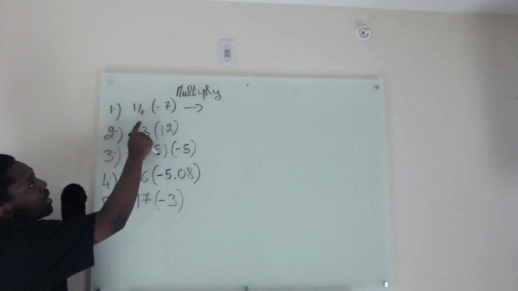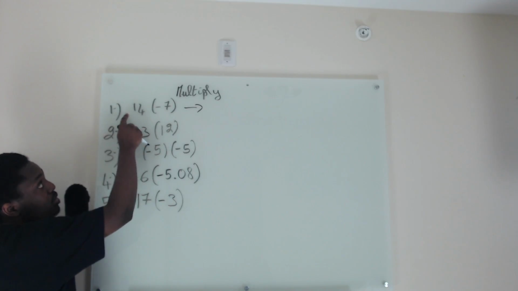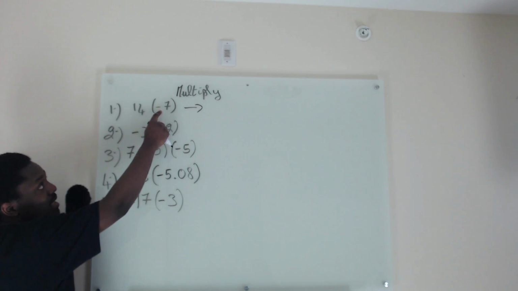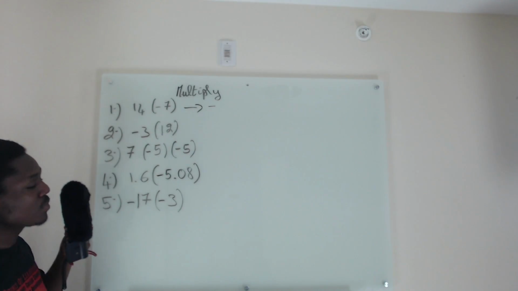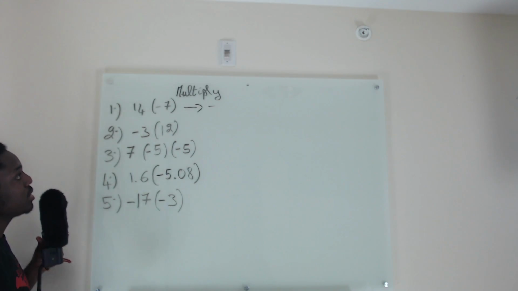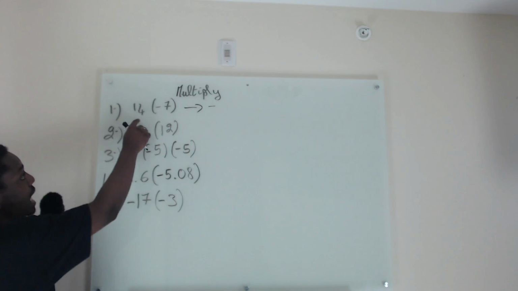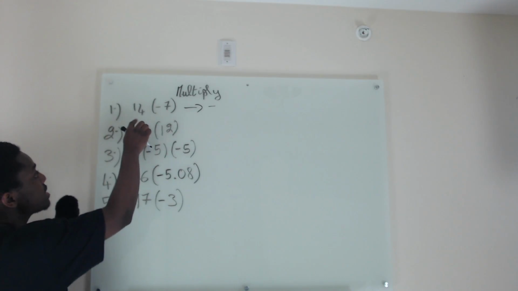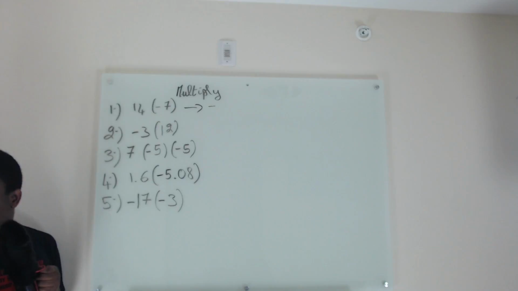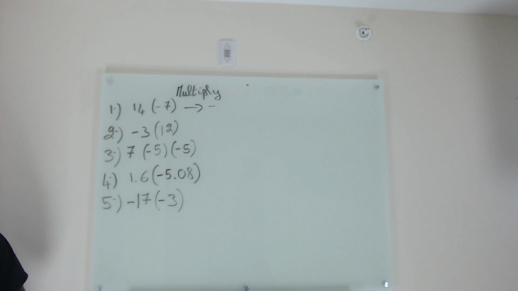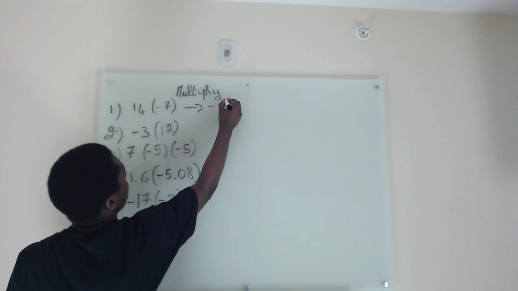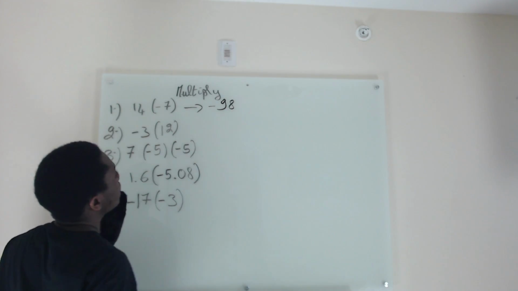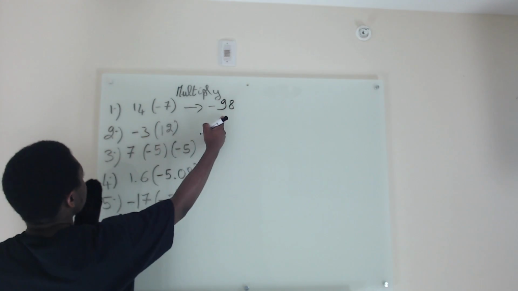So positive times negative is what? Negative. After you multiply the signs, we have to forget about the signs and multiply the numbers. So 14 times 7 is what? 98. So I put the number 98. This is the final answer for the first one.